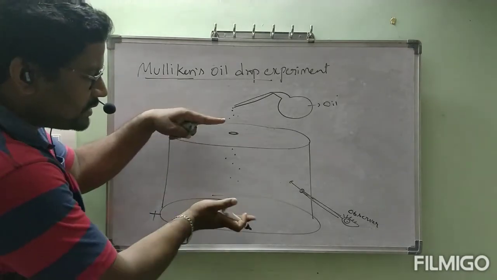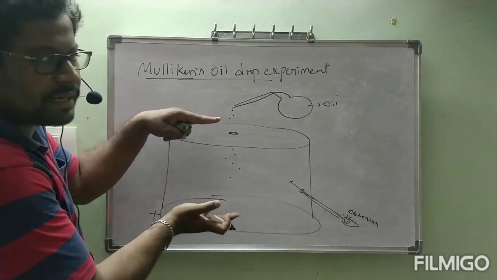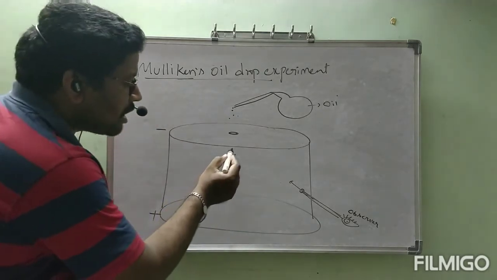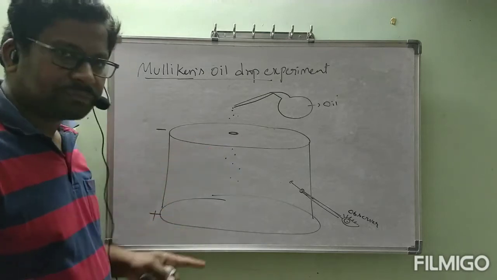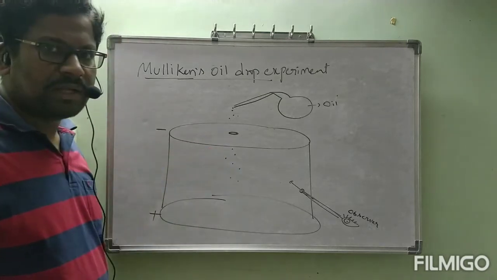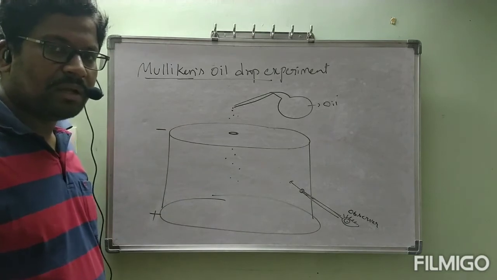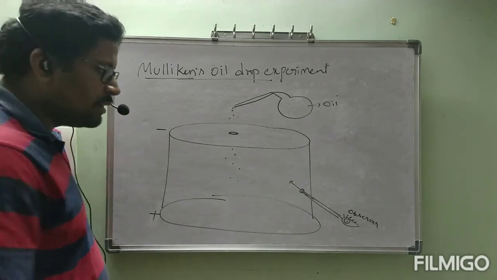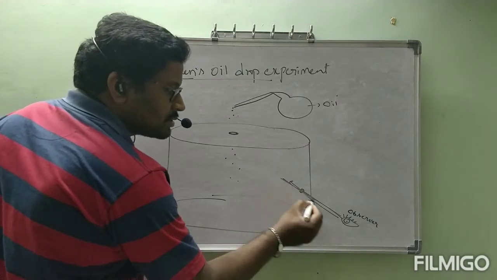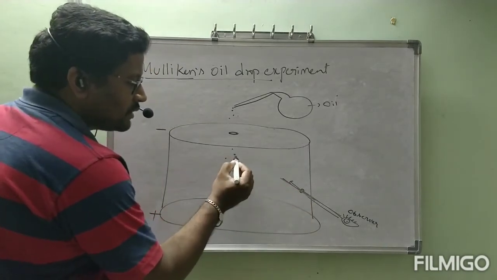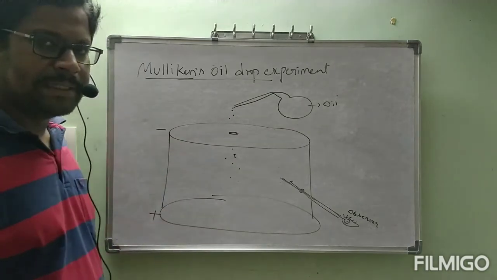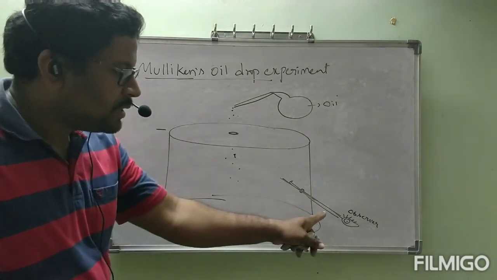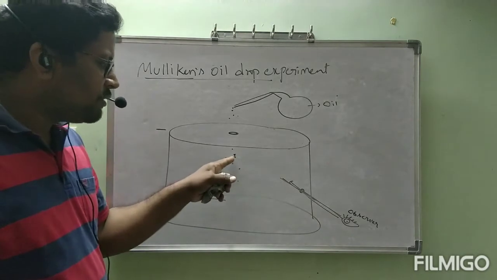This is the negative charge plate, this is the positive charge plate. Millikan made oil drops move in the presence of the electric field. From this microscope, he observed the movement and path of the oil drop.